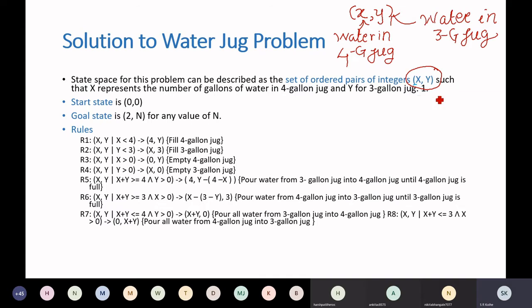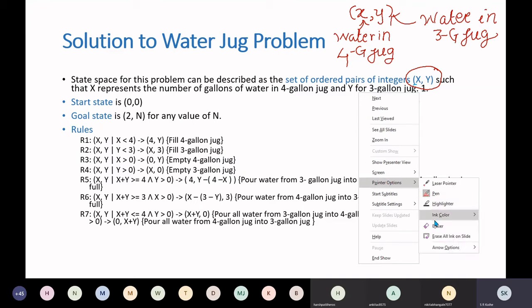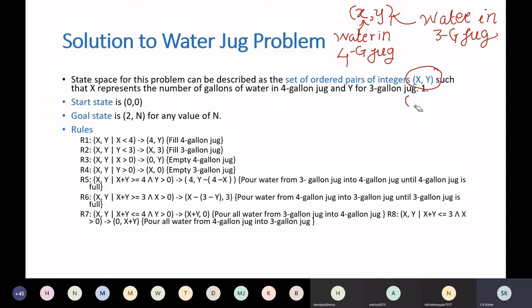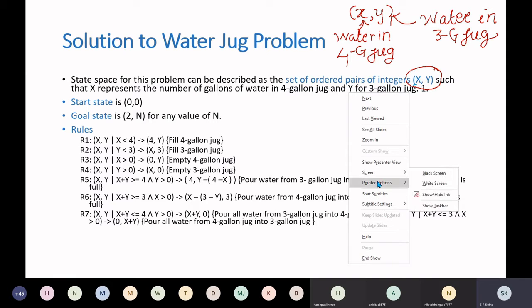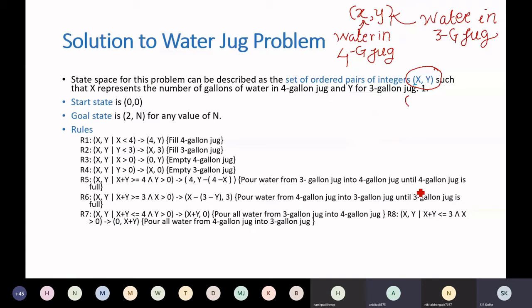Now since both jugs are full, so this ordered pair initially will be 4 and 3. 4 and 3, correct. So initial state is given in the problem itself. So here initial state is 4, 3.